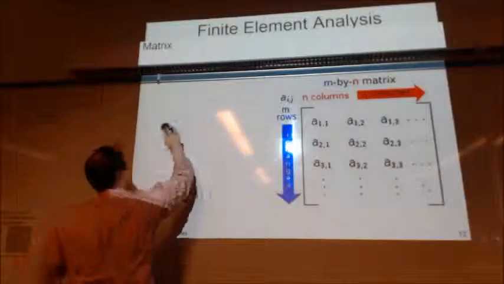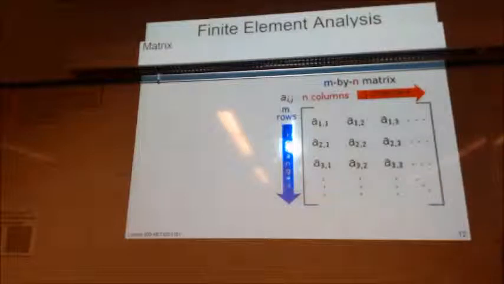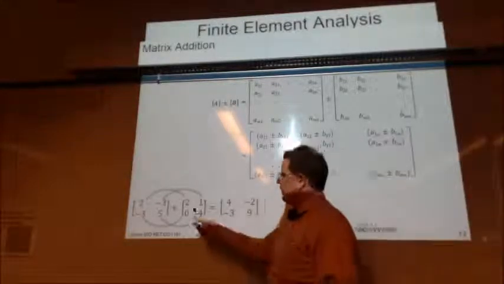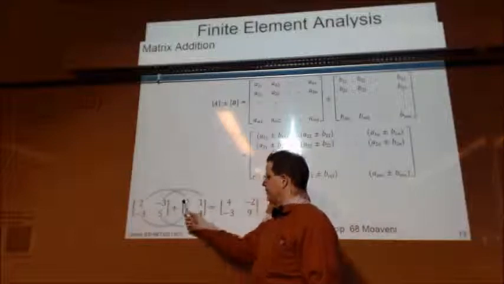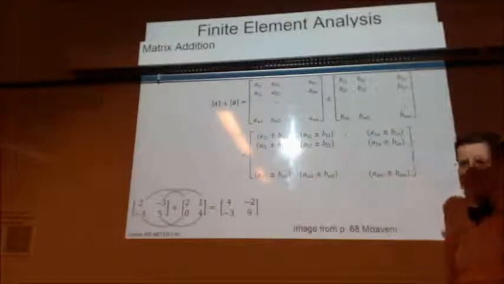There's a couple more operations we got to learn how to do, or at least know about. So if we want to do matrix addition, the only requirement is that both matrices being added together have to be the same size.